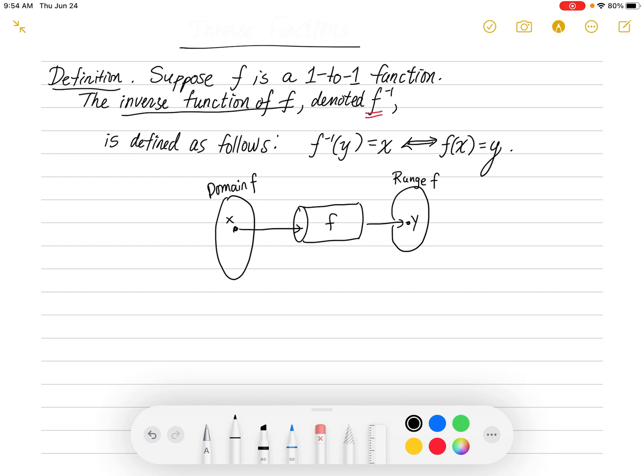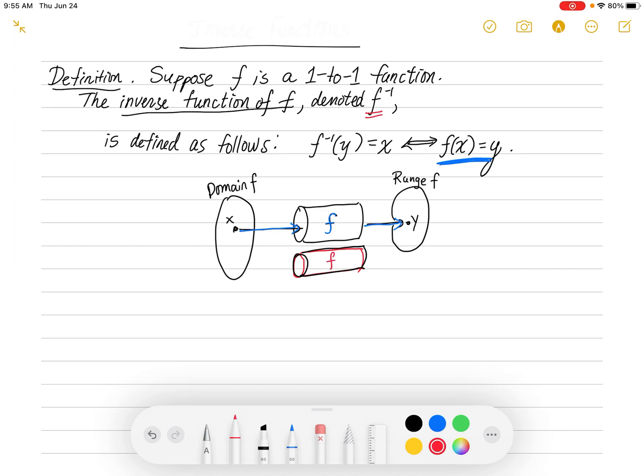Out the other side is going to come something called y. So here we have the range of f. You plug x into the machine and you get out y. That's what I'm underlining in blue, the forward direction.